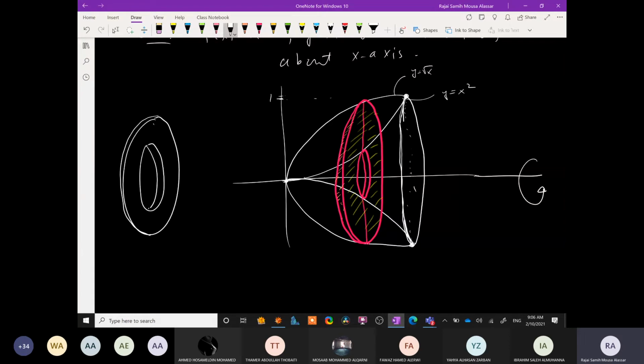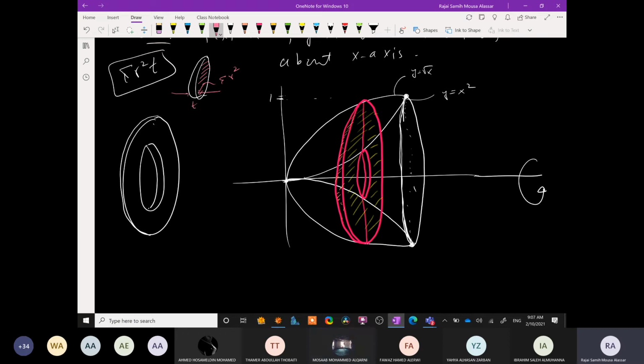I want to find the volume of this. So what is the volume? It's just like a small cylinder. What is the volume of a cylinder? It is pi r squared multiplied by the thickness. If you have any cylinder, it will be the area, which is pi r squared, multiplied by the thickness.